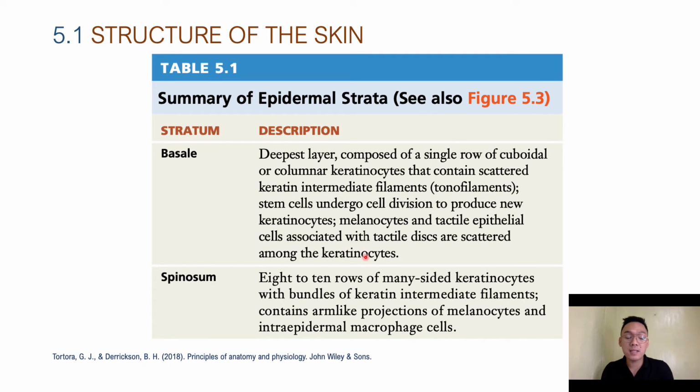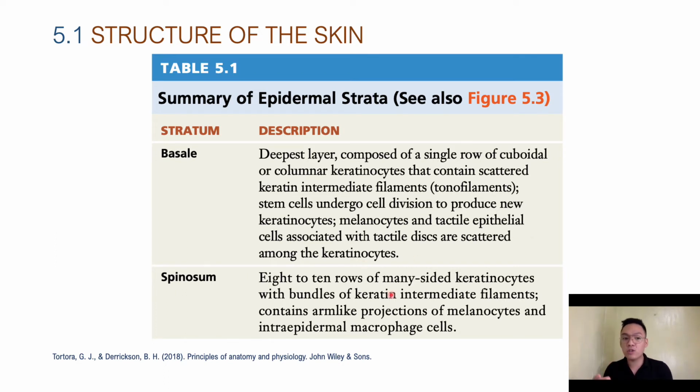And these stem cells again are undergoing cell division to produce more keratinocytes, melanocytes, and tactile epithelial cells, which are associated with tactile discs that are scattered among the keratinocytes.